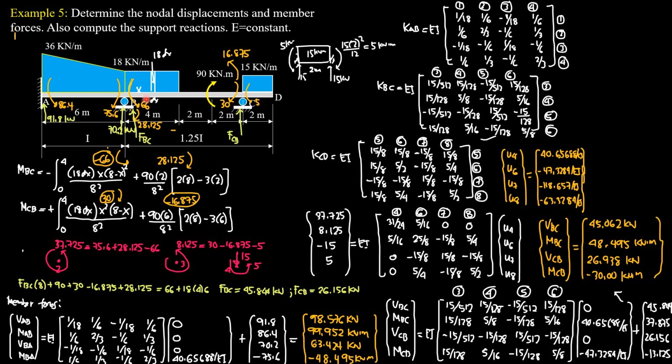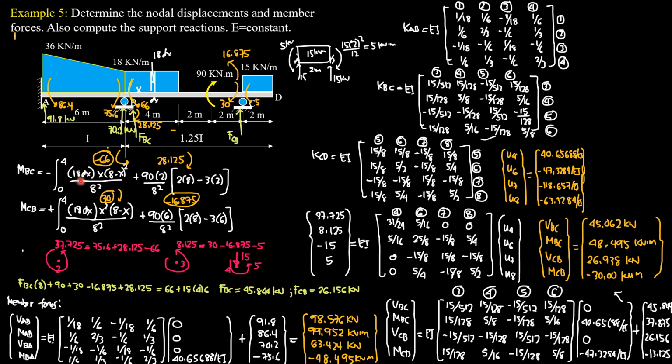Then for fixed moment BC, we use integration here. So BC, negative integral, because it is expected clockwise, negative 18 dx, P is 8, differential P is 18 dx, A is x, then B is 8 minus x, this distance B, 8 minus x squared over 8 squared, limit 0 to 4.